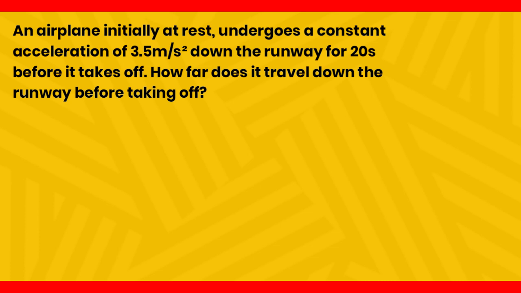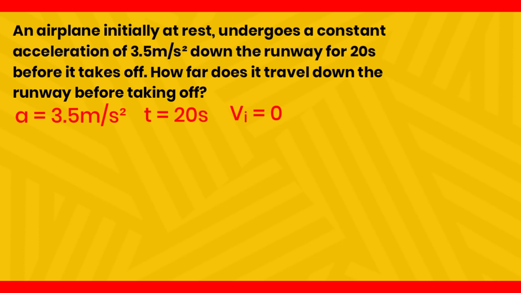From the question, we know that the acceleration of the plane is 3.5 meter per second square. We also know the time. The plane is starting from rest, so the initial velocity is 0.